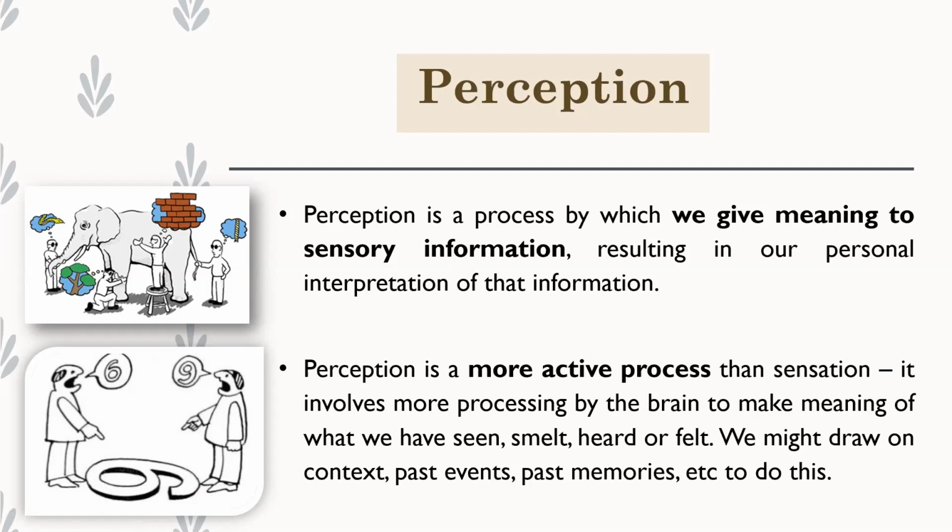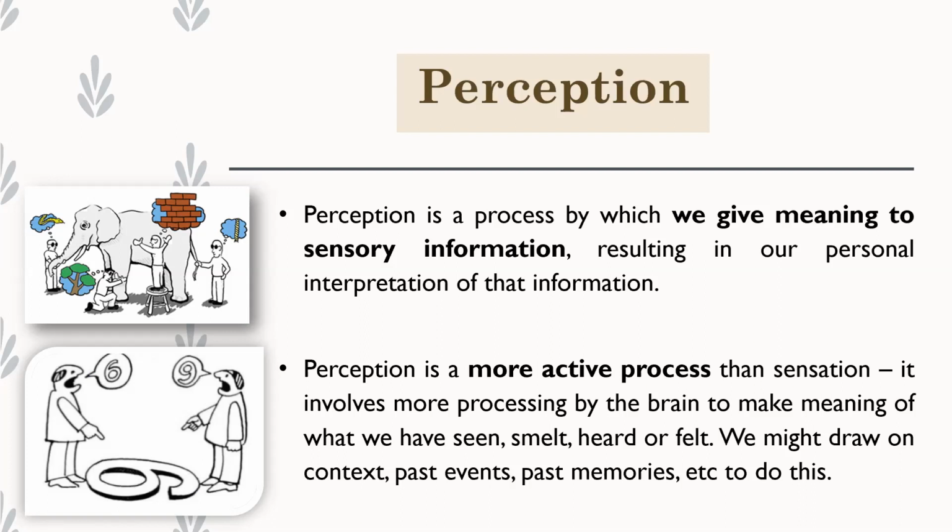If you've got someone who's got a degree in botany, or who is interested in plants and flora and things like that, they might look at that tree and be trying to make sense of which species or what type of tree that is. If I'm looking at it, I might be like, oh, this is the tree that looks similar to the one in my mum's backyard. If someone else is looking at it, they might be asking, is that an apple tree, or is that an orange tree? What kind of tree is it? So the way that we make sense of what we look at visually is what we call perception.